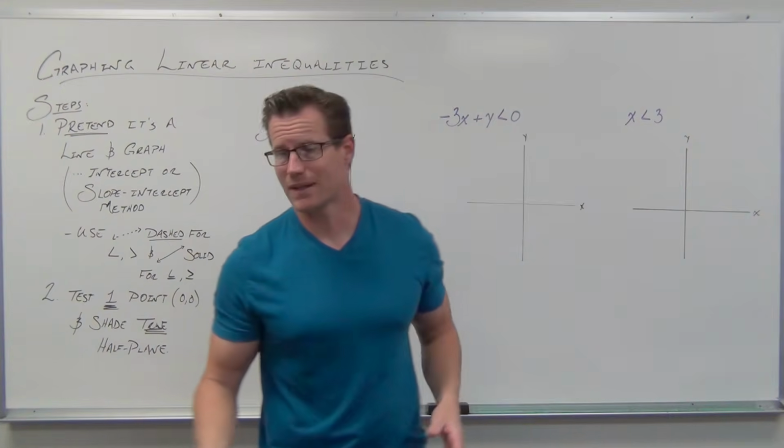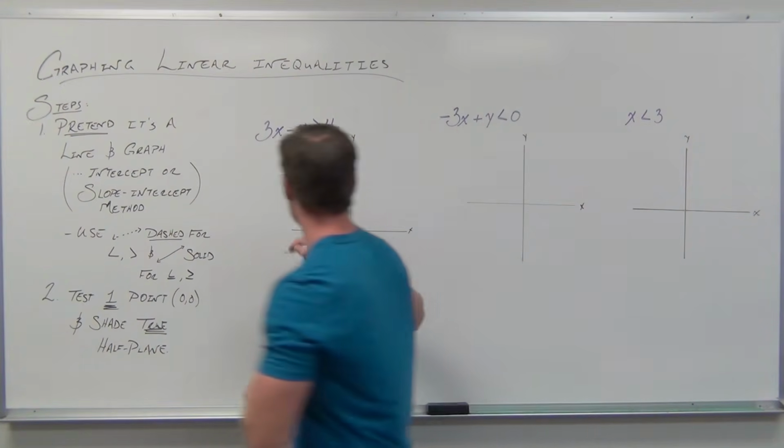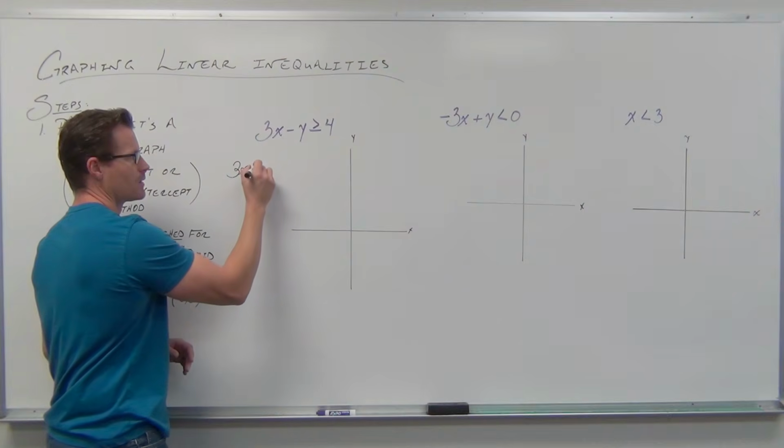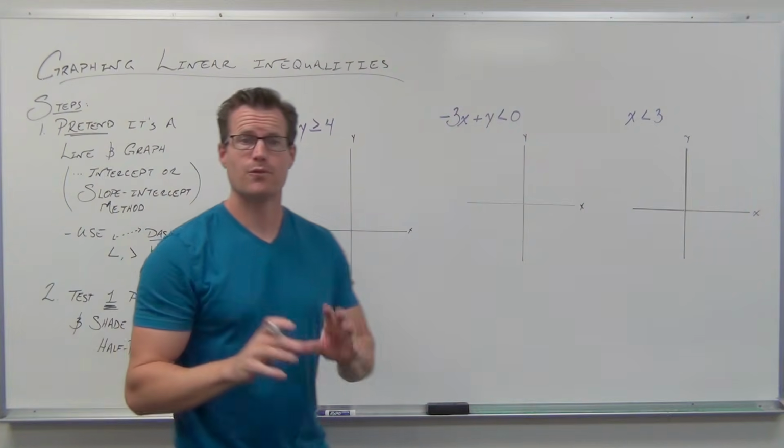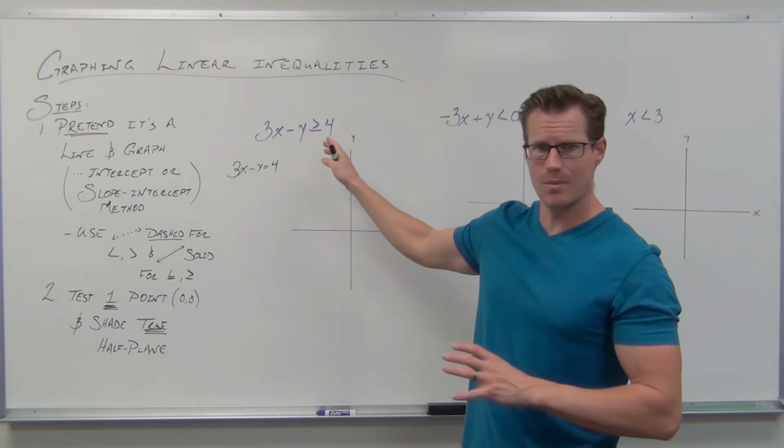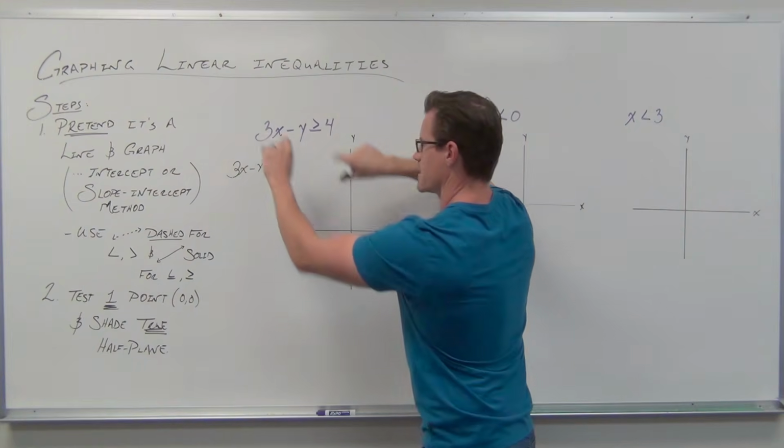Okay, so number one thing, let's pretend that these are lines. So I'm going to pretend that's a line. We're going to write out equals 4 if you want to. Just don't erase that. Remember that when you're checking, you're always going back to this statement.